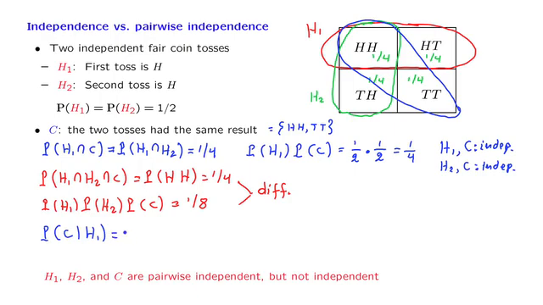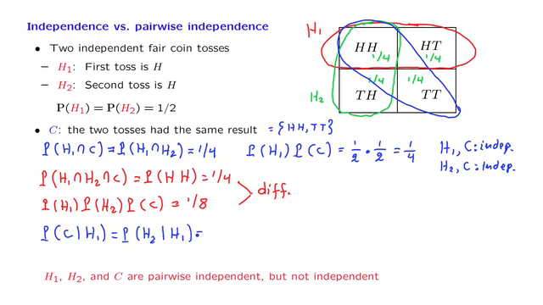Given that the first result is heads, the only way that you can have the two tosses having the same result is if the second toss also results in heads.